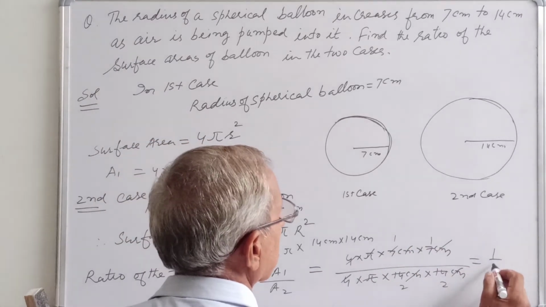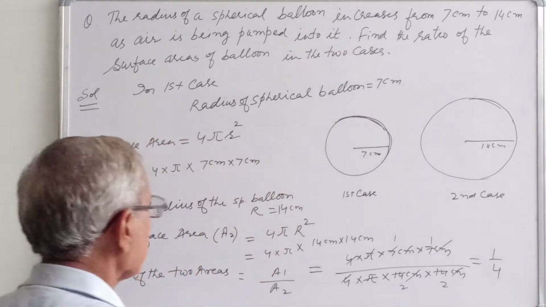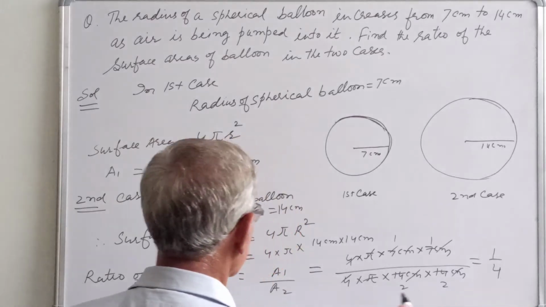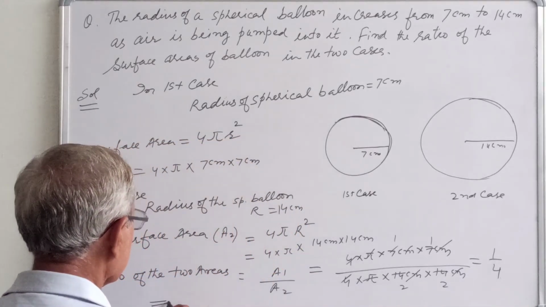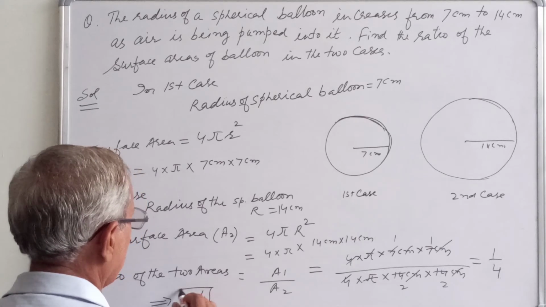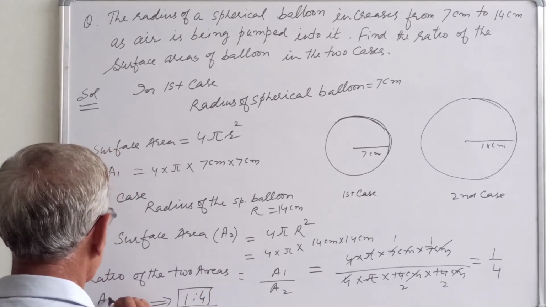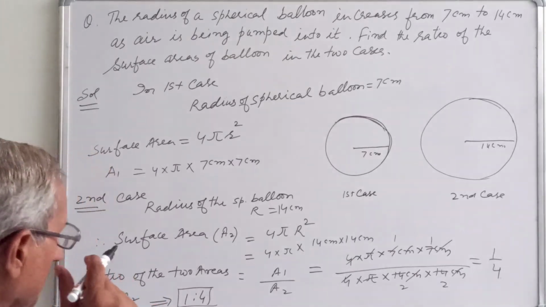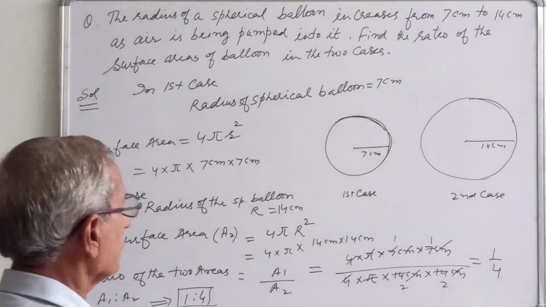That is 1 upon 4. So ratio is 1 upon 4. So this is the answer. So you can write it in the form of 1:4. A1 ratio A2, that is 1:4.